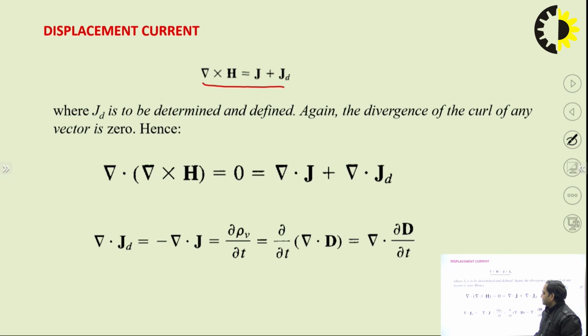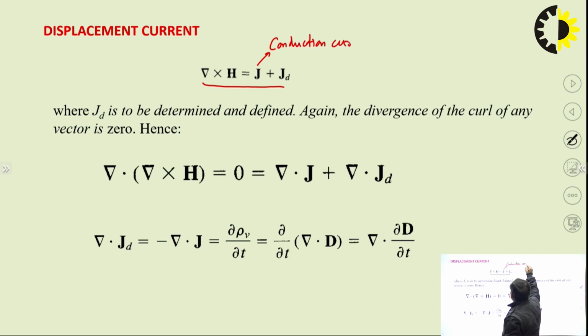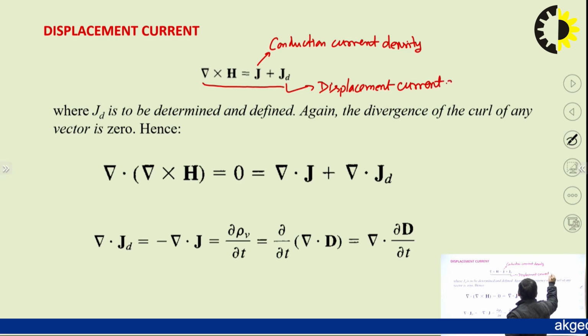Here JD is defined as the displacement current density, and J is the conduction current density.